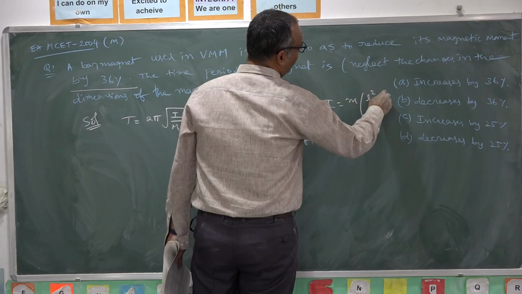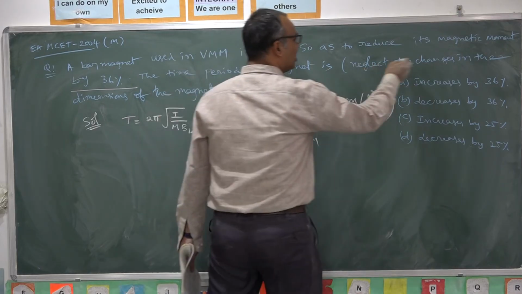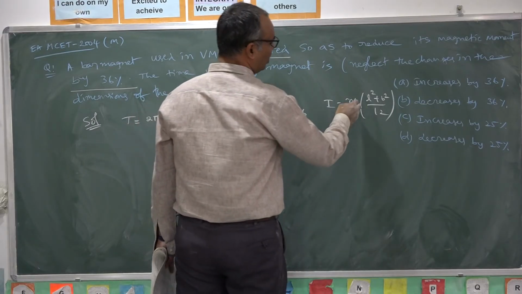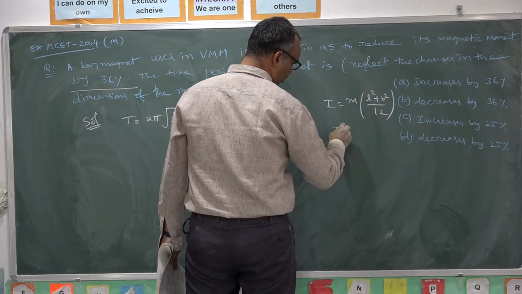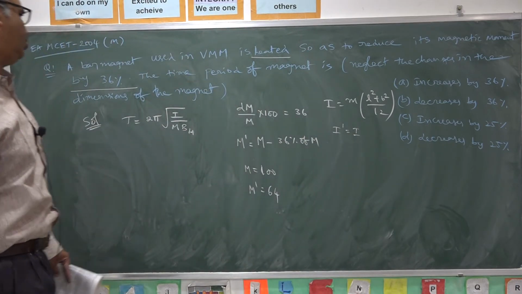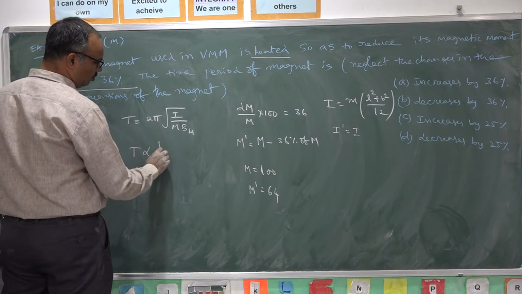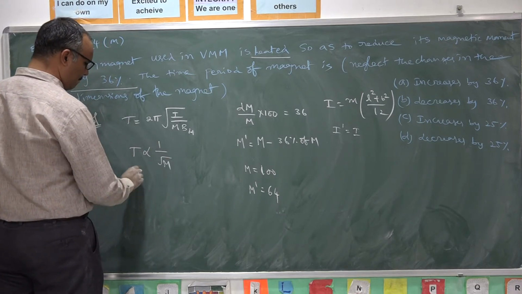Moment of inertia is given by m into L square plus B square by 12. But they said to neglect the changes in the dimensions of the magnet, so length and breadth are not going to change. Moment of inertia is also not going to change.